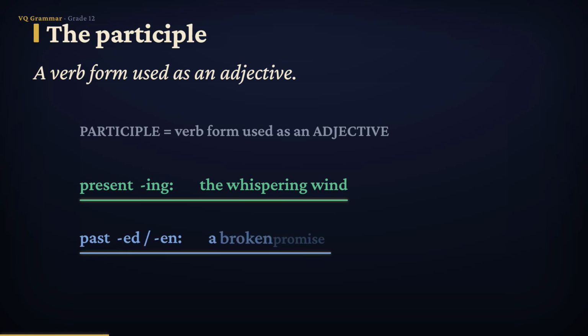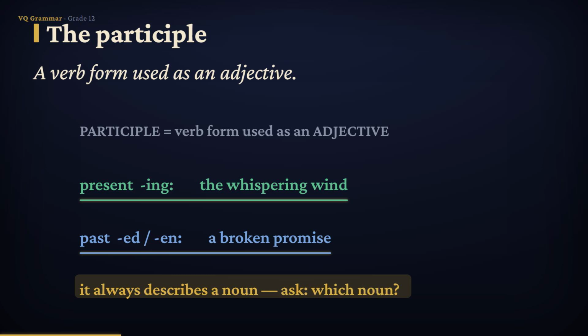In a broken promise, broken describes the promise. Either way, the participle is leaning on a noun and adding detail to it. So the test for a participle is this. It always describes a noun, and you should be able to point to the exact noun it modifies.